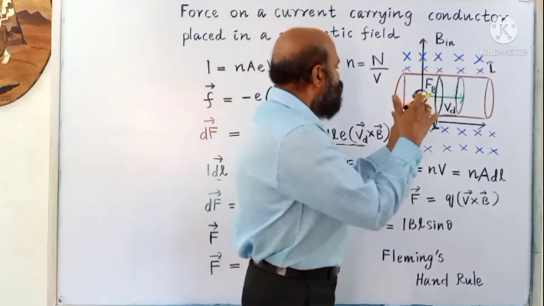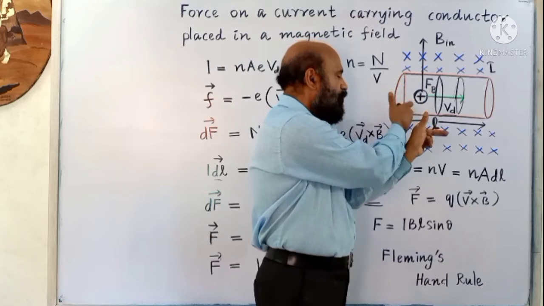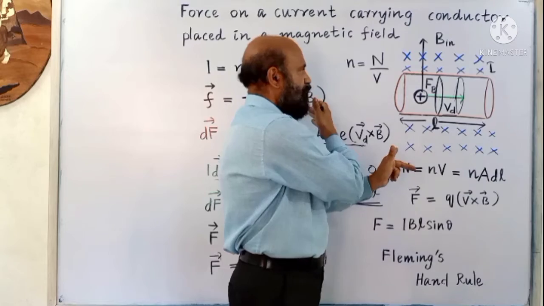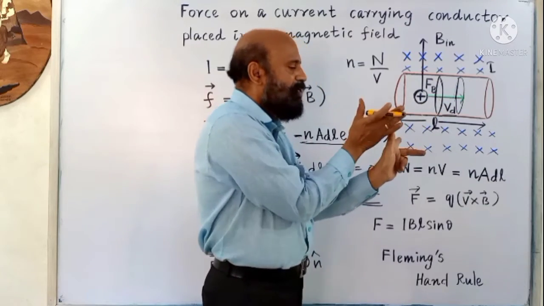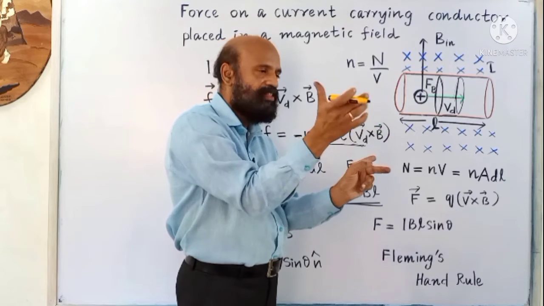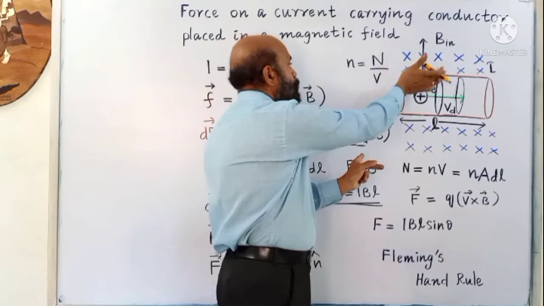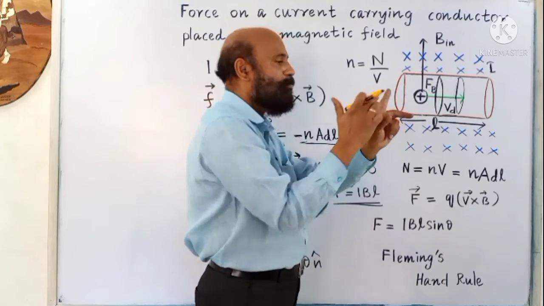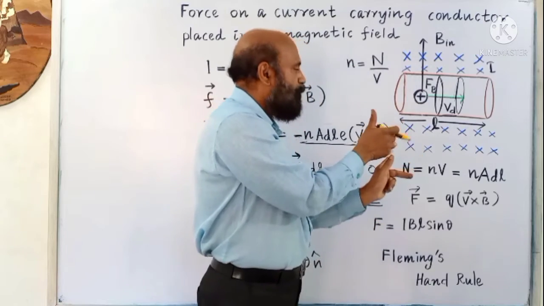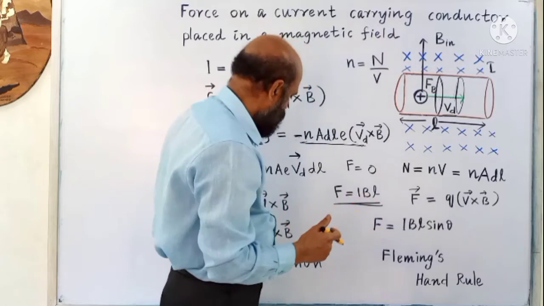Now the field is into the board, the magnetic field, and the current is that side. Now for the cross product, try to push with your right hand from L to B. B is acting into the board. Now you see the thumb is in the upward direction. So force is given by this thumb. So this is the direction of the force.